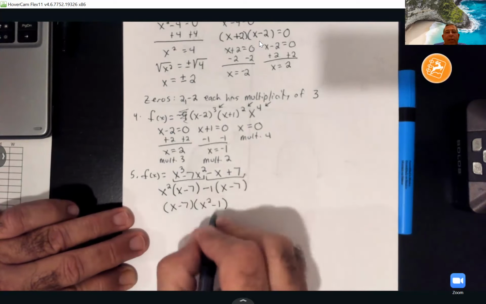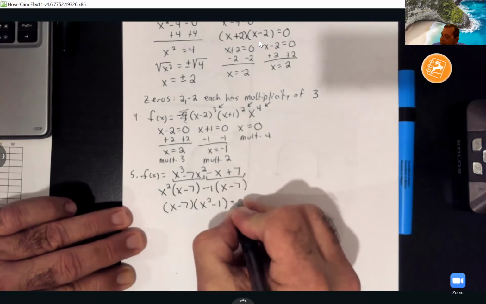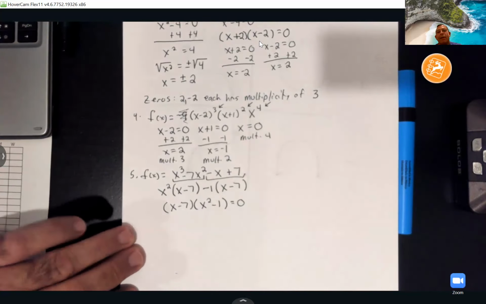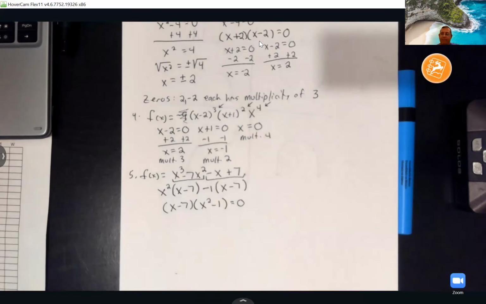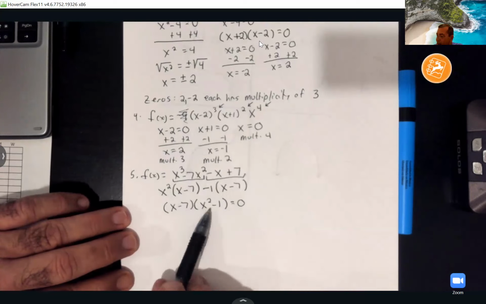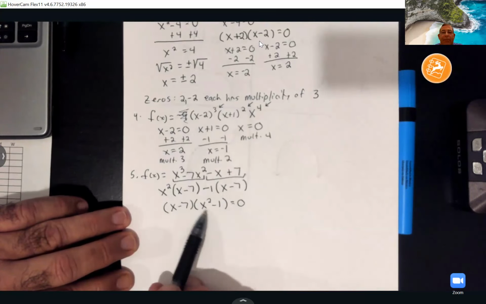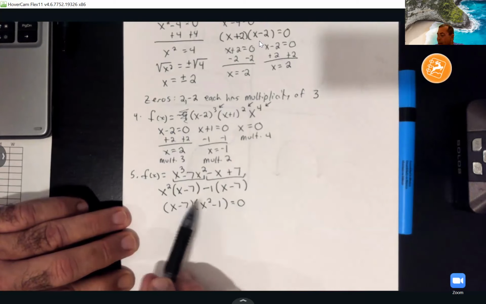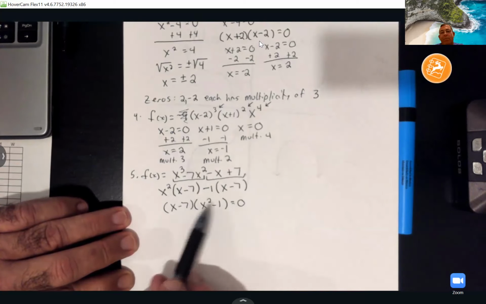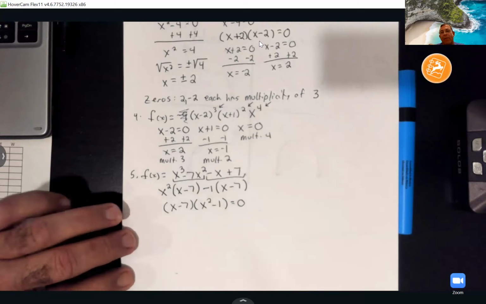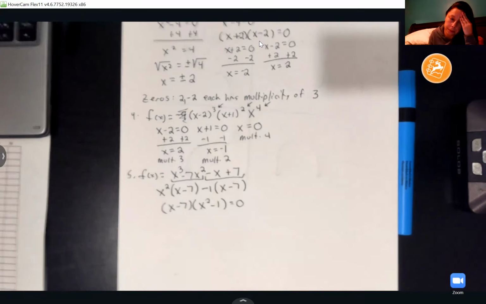And then at this point, since we're factored, we would set that equal to 0. Here's another question. These are going to be how I get my zeros, with that x minus 7 and x squared minus 1. What exponent is behind both of these parentheses since I don't have a number there? 1.